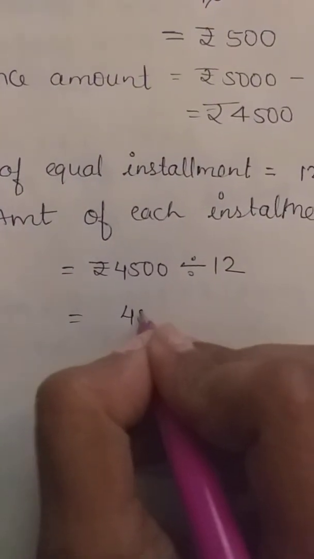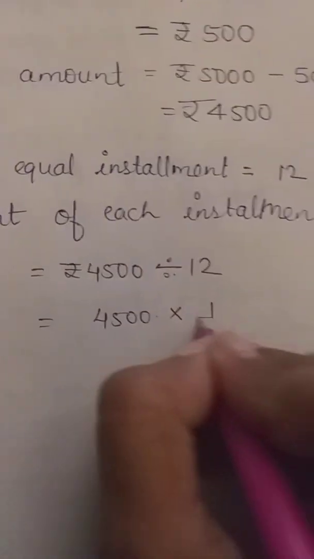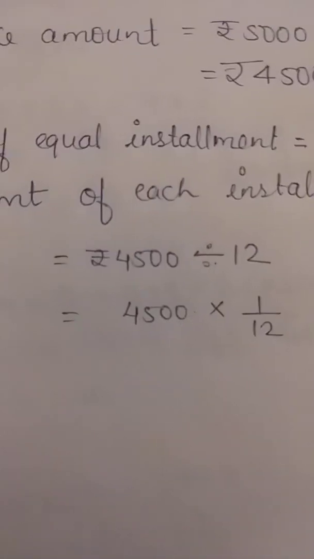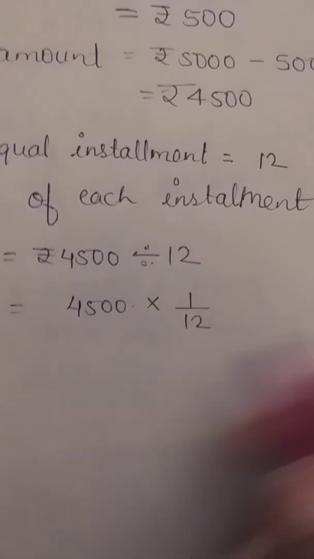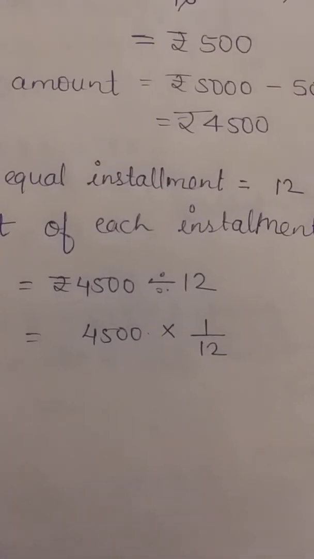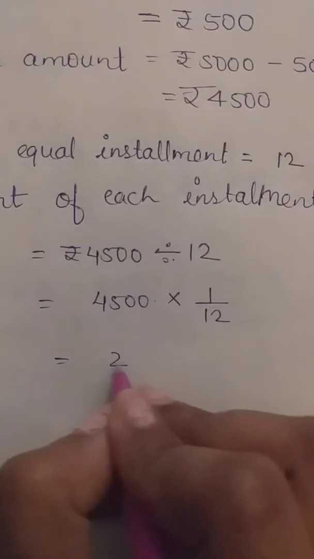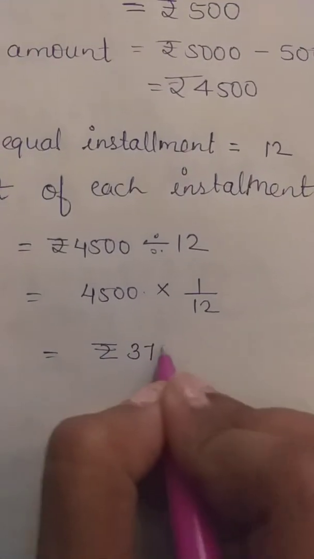Whenever there is division, we have to convert it into the multiplicative inverse, that is, the reciprocal of the number. Now try to cut this. So 4,500 divided by 12, you will get rupees 375.